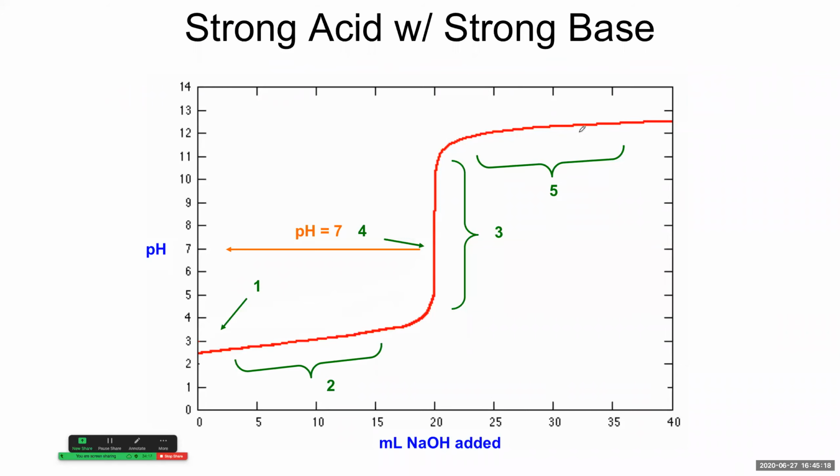Well, 12.63 is right up here. So we're in region 5 now because we've added excess base. That's an example of the kind of problems you'll see in those sample problems, and what's going on in these different titration curves when you combine an acid and a base in a titration reaction.